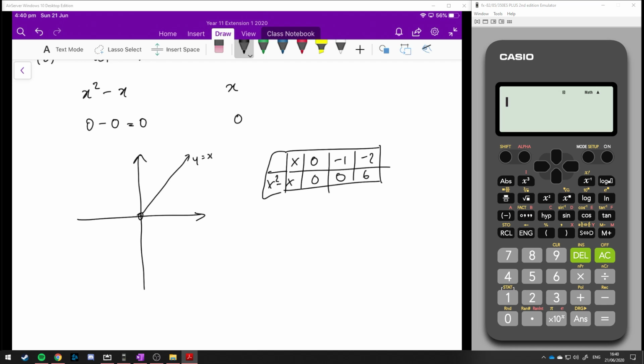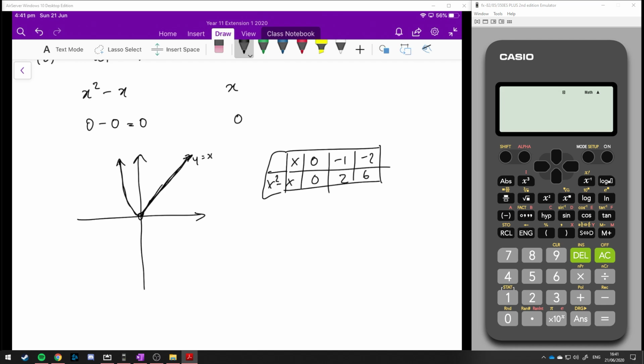I'll tell a lie, that middle one should be 2 there, not 0. So 0, 2, and 6. And this side's going to be shooting up like that. Okay. So it kind of looks a bit like that.